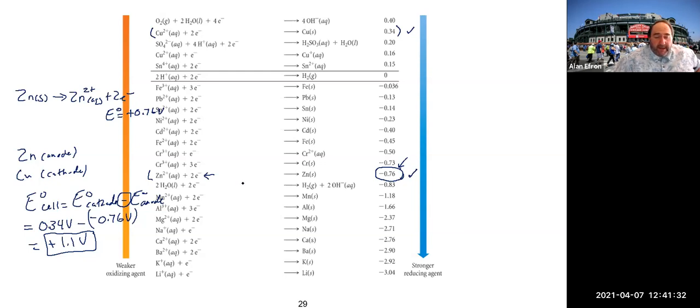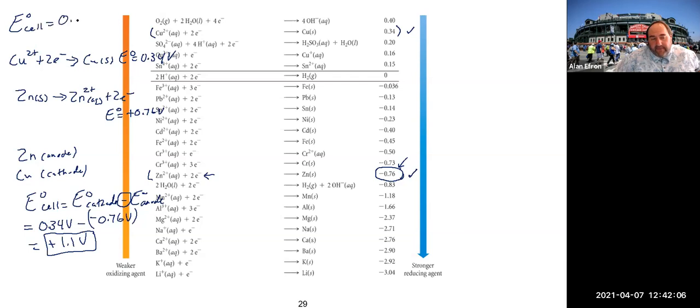Now, if you want to write everything correctly, you would reverse that reaction like I did on the screen here on the left. We would also take our copper, which is our cathode reaction, which looks just like we find it on the table. And our E naught would be 0.34 volts. In this case, my anode reaction, I reversed it. I changed the sign. What I should do in this case is add them together.